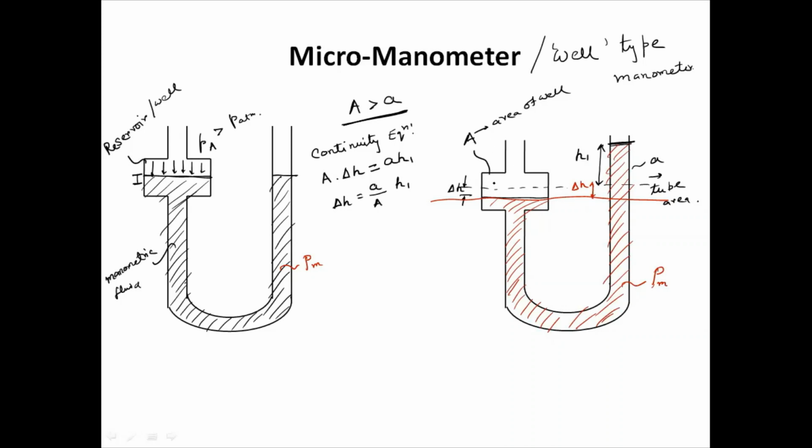Now directly you write down the equation. Here the pressure comes. What is the pressure? PA. Because of the PA pressure only, this depression is occurring.